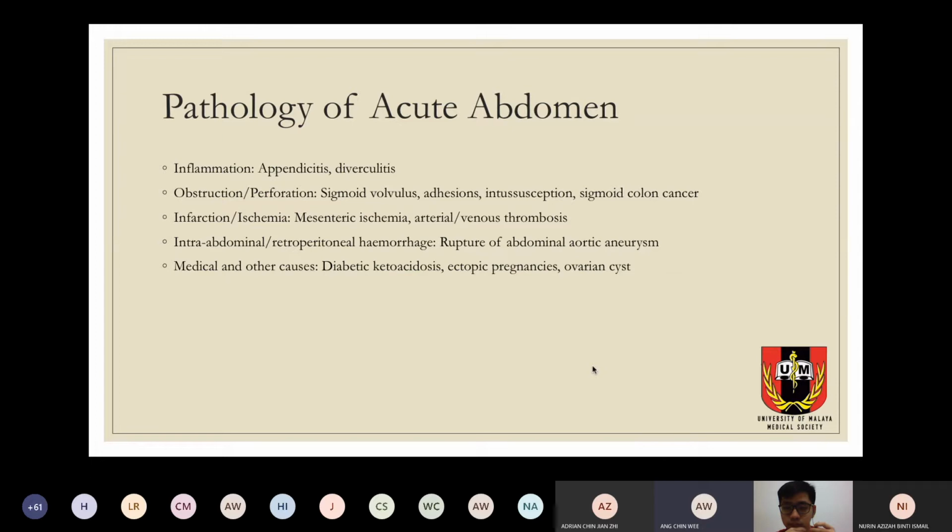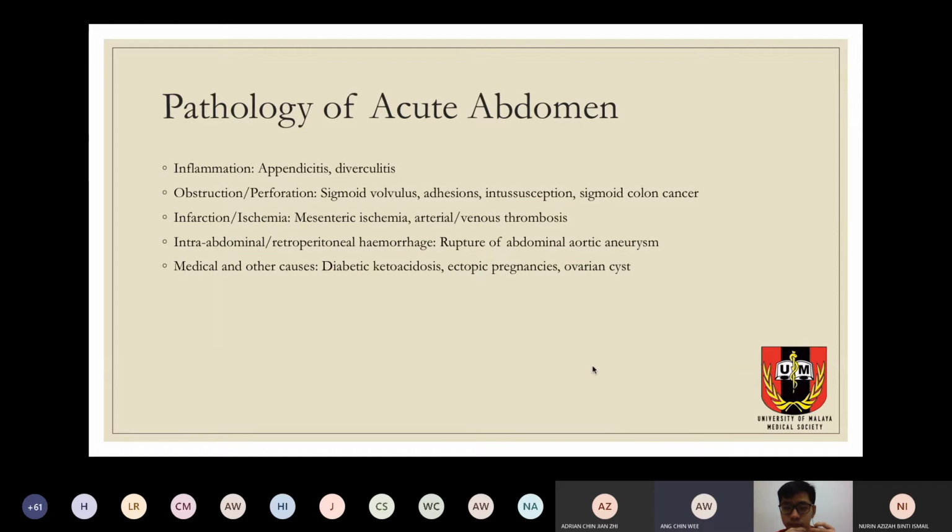Do we think the presentation is very short, very acute? Actually, it's usually quite a prolonged history. The patient would have had some slow progression or problems. They don't usually come with a one-day history, very severe, very quickly. Sigmoid volvulus is actually a slower onset over a few days or even weeks before they get these kinds of symptoms.